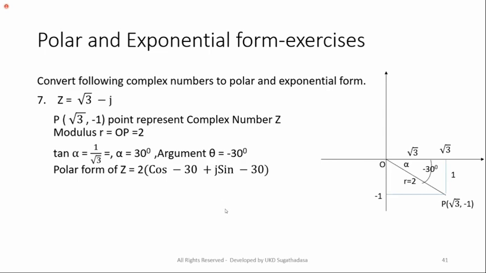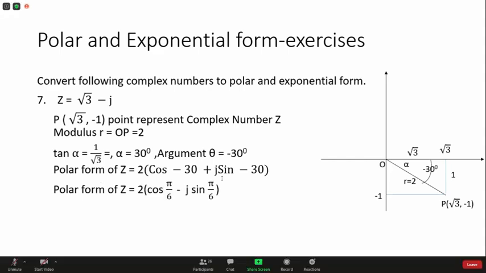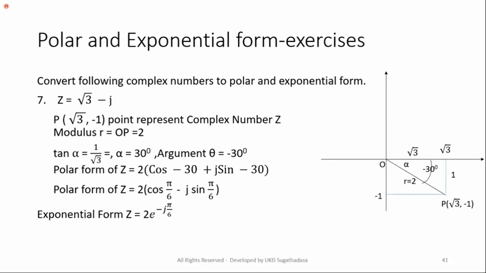If you use the calculator also, you get the same angle, minus 30. Then with angle minus 30, the polar form is 2 cos minus 30 plus j sin minus 30, then cos pi by 6 minus j sin pi by 6. Finally, our outcome in exponential form is 2e to the minus j pi by 6.